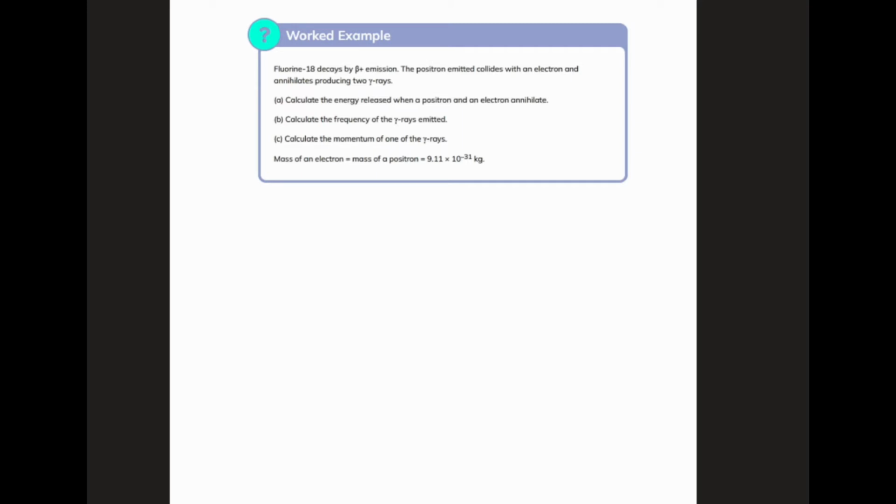Okay, so to calculate the energy released, we have to use the formula E equals mc squared. Now the mass here must be the mass of the electron and the positron, so it is 2 times 9.11 times 10 to the power of negative 31.